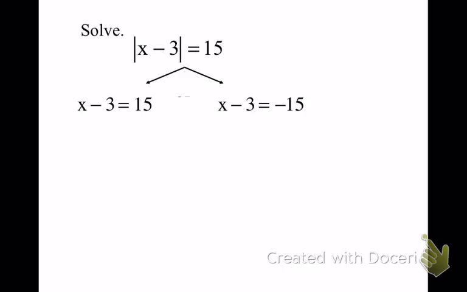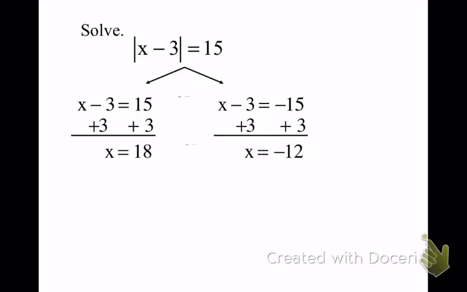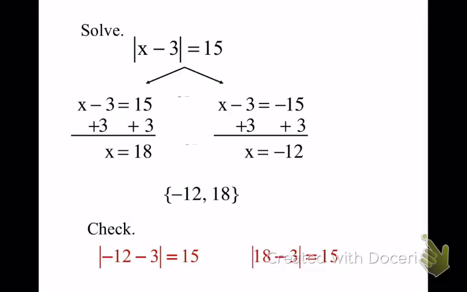We're going to add 3 to both sides of the equation, and we get x equals 18, and x equals negative 12. Now remember, we can check it. We put it in order from least to greatest, so negative 12 minus 3 makes negative 15, and the absolute value of negative 15 is 15, and 18 minus 3 makes 15, so the absolute value of 15 is 15.